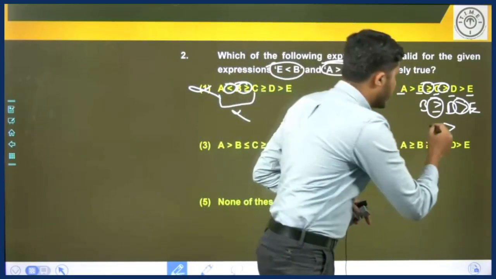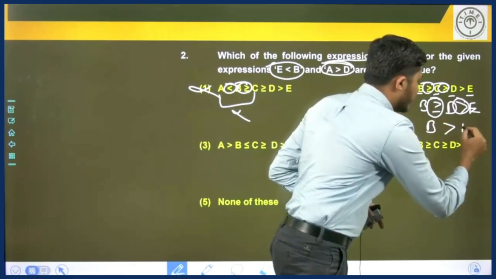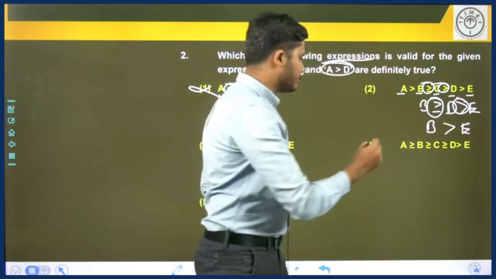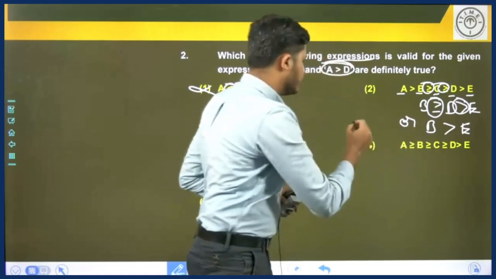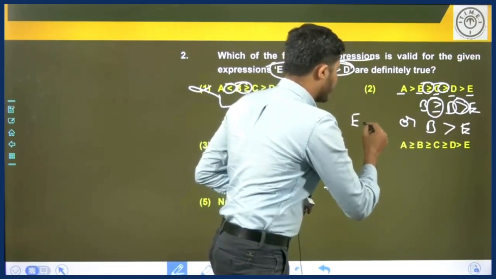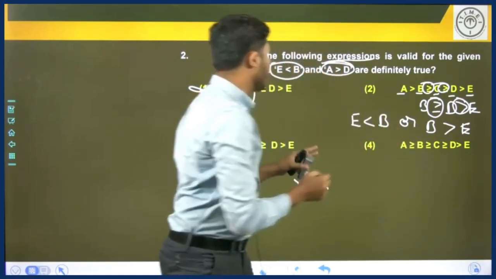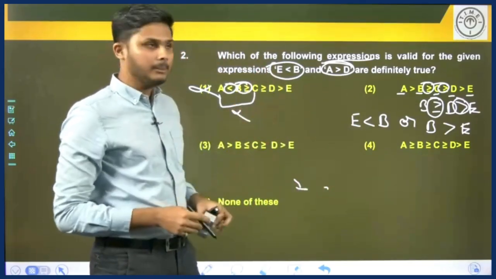So the relation between B and E will be B greater than E, or E less than B, which does follow the first condition.